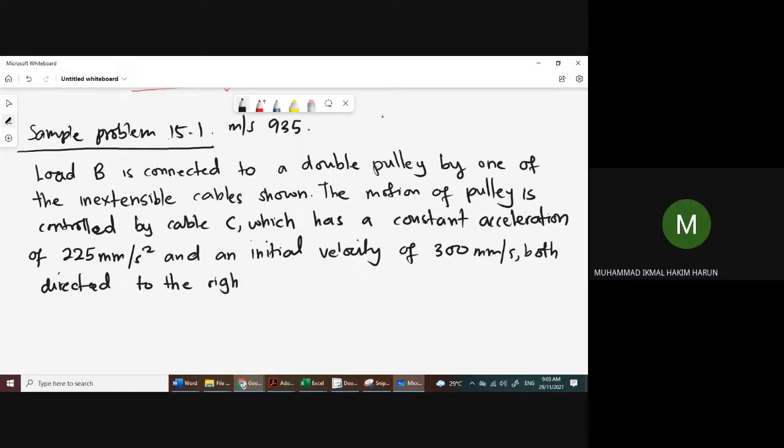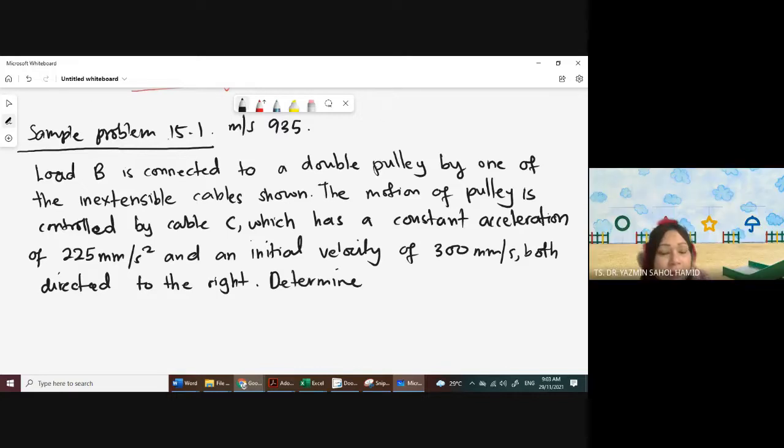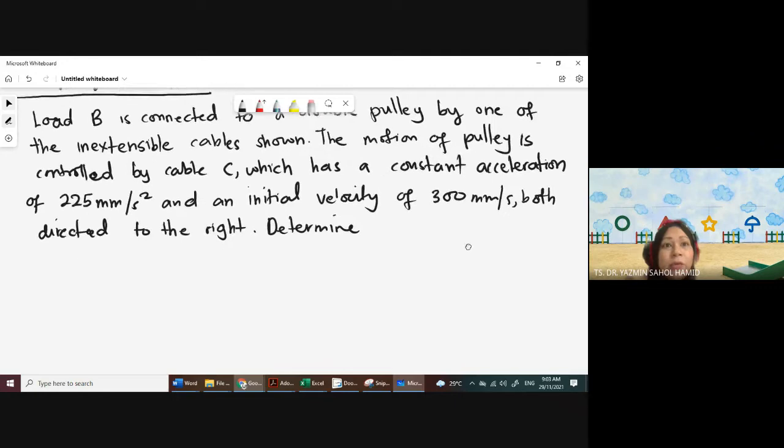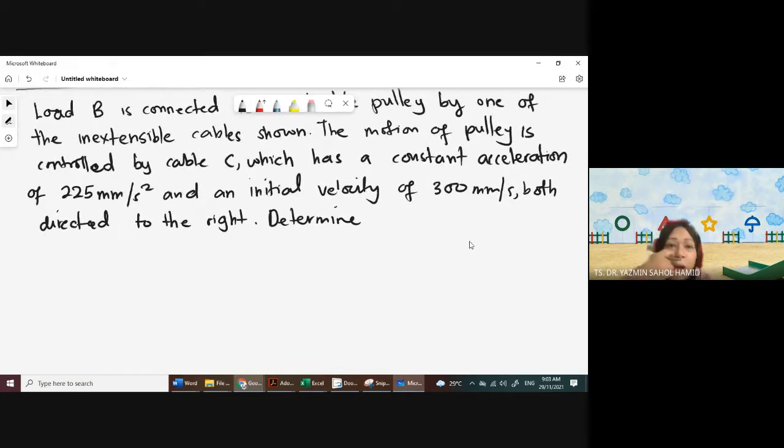Bentuk soalan dia macam tutorial kita buat ni lah. So that's why I confident you all boleh jawab test 1 ni dengan cemerlang. Kalau you faham topik apa, contohnya topik constant acceleration, you guna cara ni.